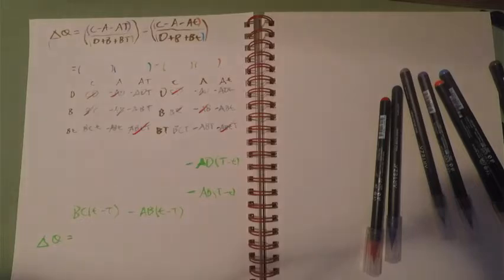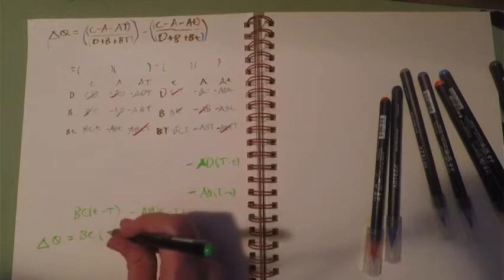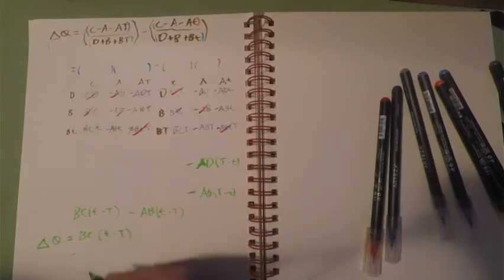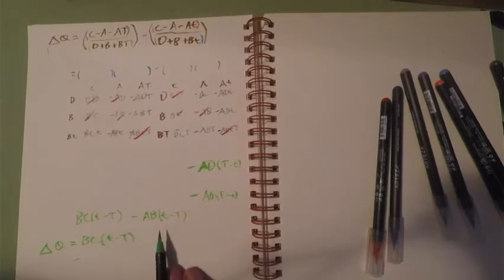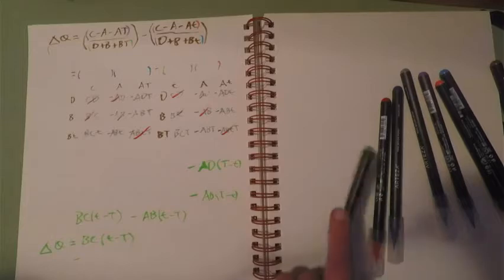I'm going to get the magnitude right. I can sort out the rest the hard but lazy way afterwards. So what I've got is BC times T minus big T, minus, let's see, AB T minus T, minus AB T minus T. Let me lay those out explicitly.